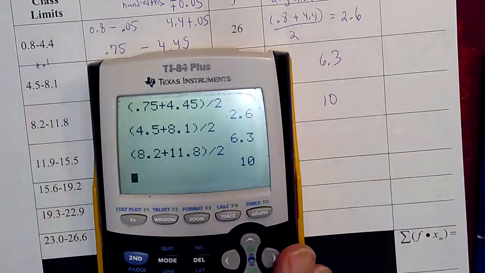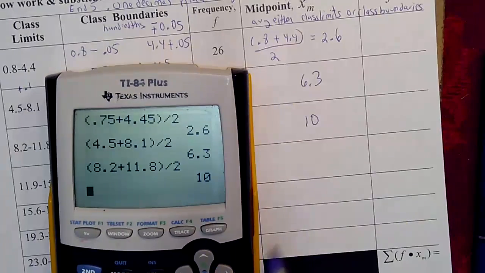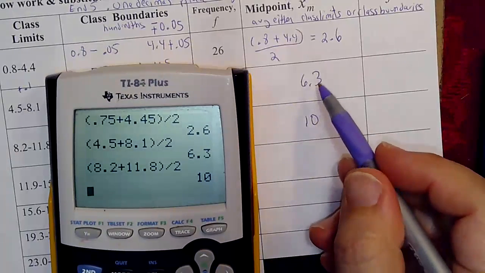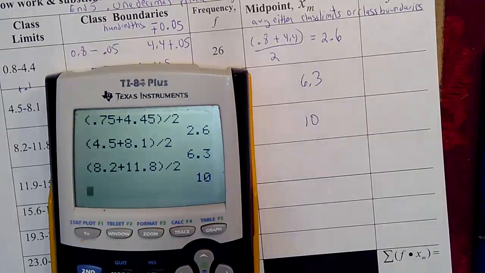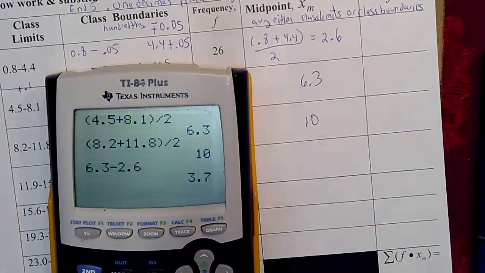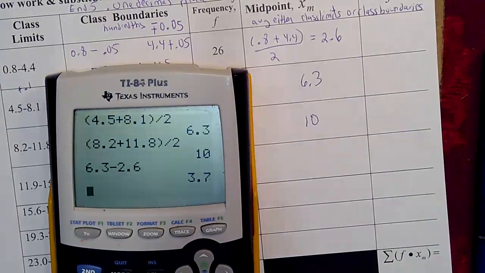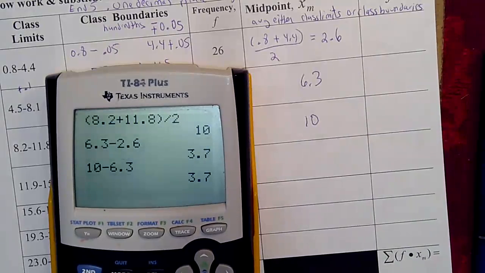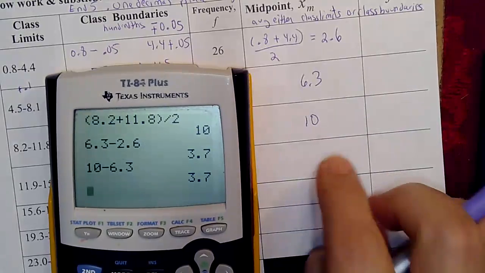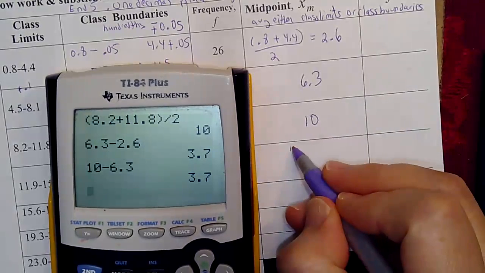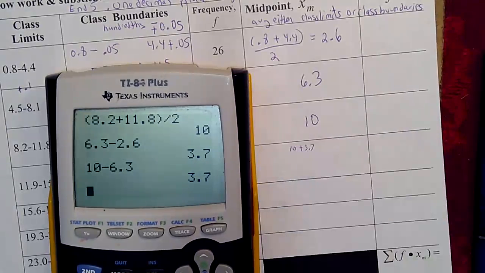And then another way too, if you think this is faster, should be a pattern, I think, here. Let's see. If I do 6.3 minus 2.6, it's a difference of 3.7. If I do 10 minus 6.3, is that a difference of 3.7? Yeah. So if you think that's faster, then to get the next one, you could just do 10 plus 3.7.